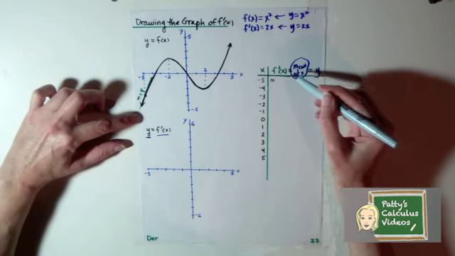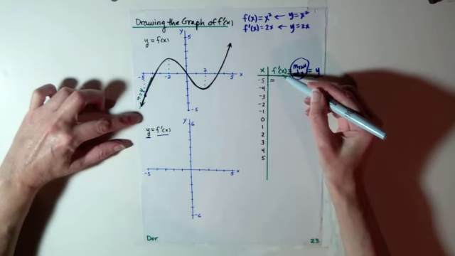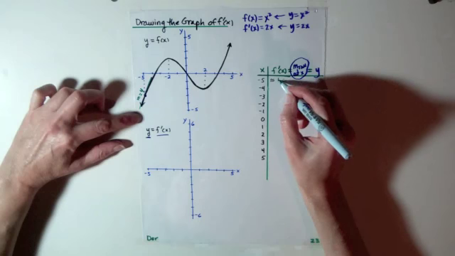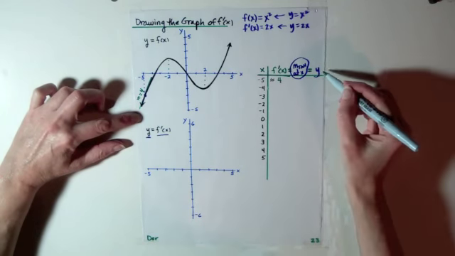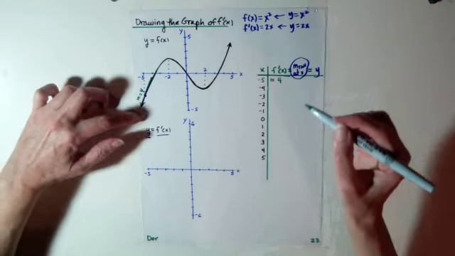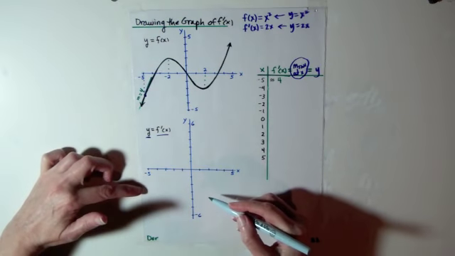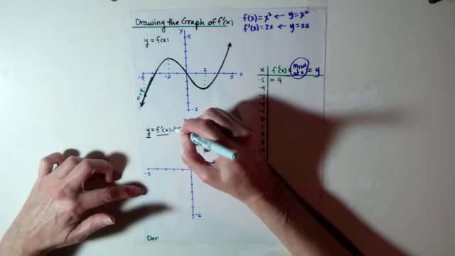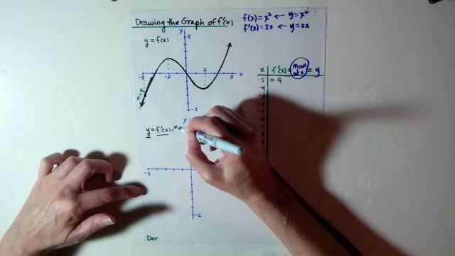Remember, the slope of the tangent line is the same thing as f prime, so f prime of -5 would be roughly equal to 4, and that becomes the y-coordinate of a point down on my graph of y equals f prime of x. Keep in mind, f prime is the same thing as the slope of the tangent line.